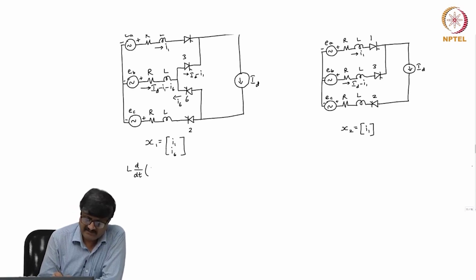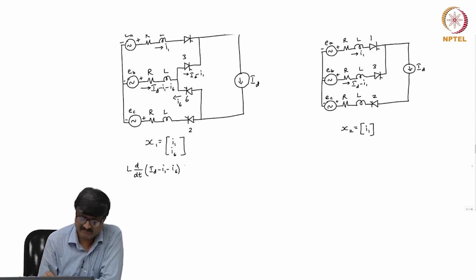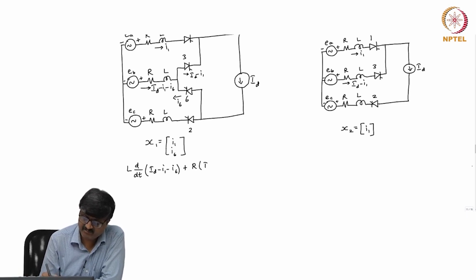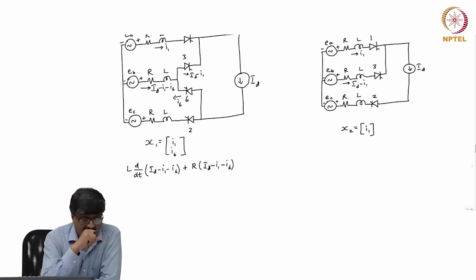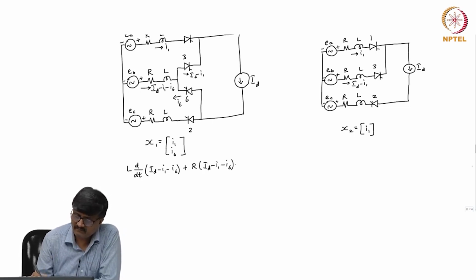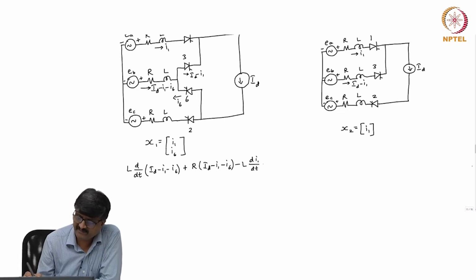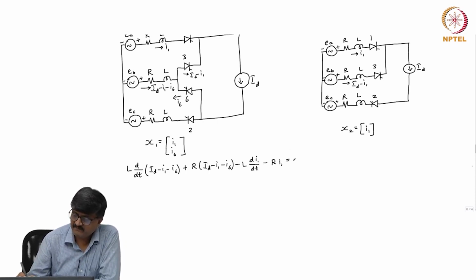So, L d by dt of I d minus I 1 minus I 6 plus R into I d minus I 1 minus I 6 minus L d I 1 by dt minus R I 1 is equal to E B minus E A.